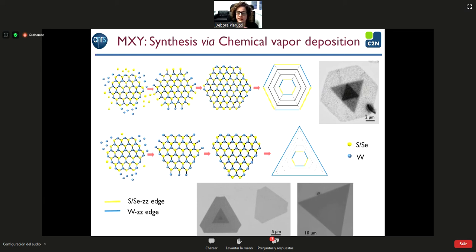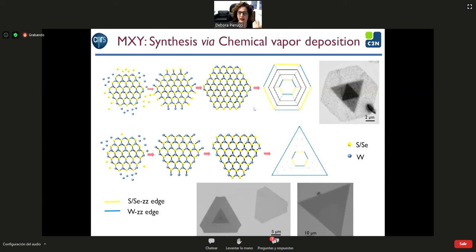In particular, in this kind of material, the stable edges that we can find are of two types: the chalcogen zigzag edges or the metal zigzag edges. These different edges depend on the partial pressure ratio between the chalcogen atoms and the transition metal atoms. When the metal concentration exceeds the stoichiometric ratio, the kinetics of the edges favor the more stable metal zigzag edges, so in this case we have triangular flakes.